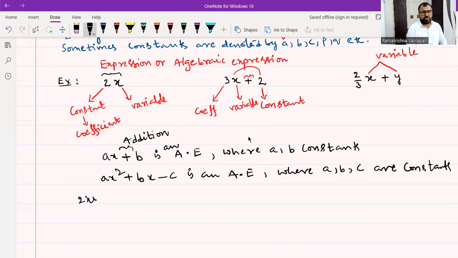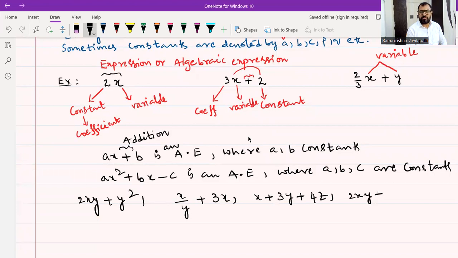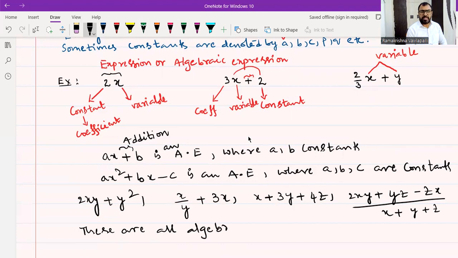I can write 2xy plus y square, or x by y plus 3x, or x plus 3y plus 4z, or you can write 2xy plus 2 plus yz minus zx, whole by x plus y plus z, etc. So these are all algebraic expressions.